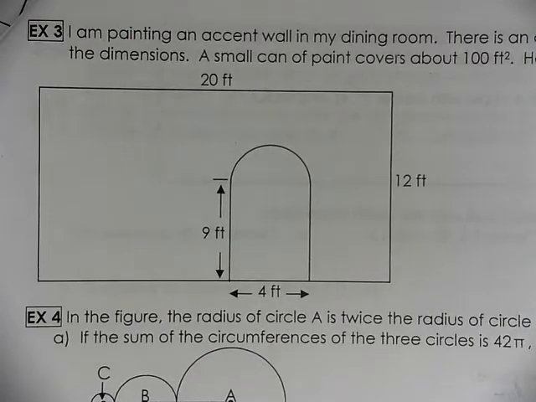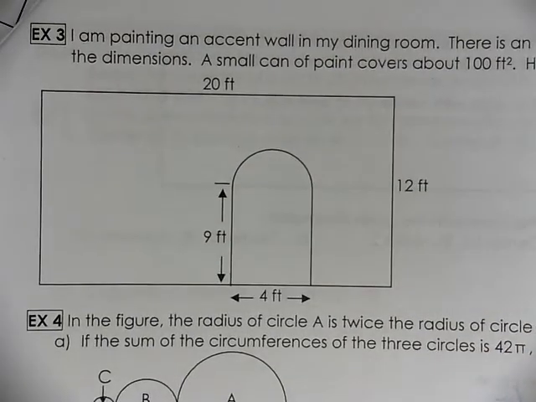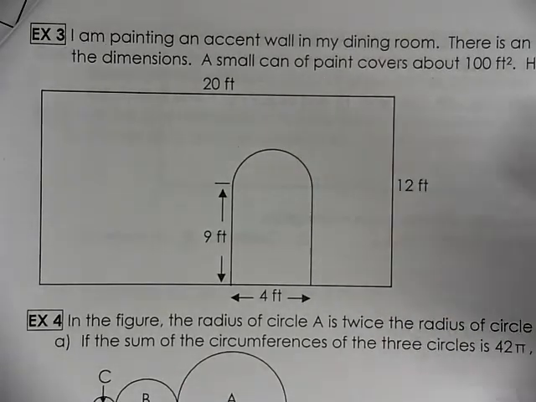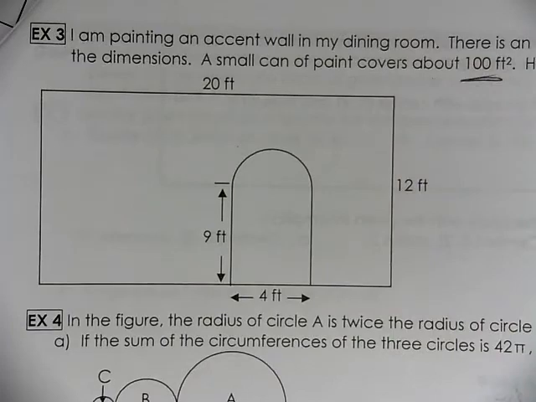Now we're all going to become painters, and we're painting a wall. This is an accent wall in my dining room. There's an arched doorway, and a small can of paint covers about 100 square feet. I got to figure out how many cans of paint I need to buy.